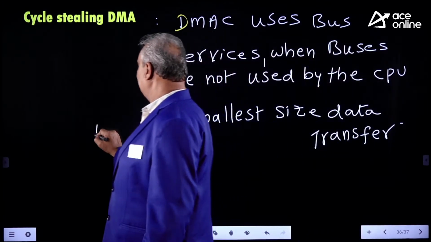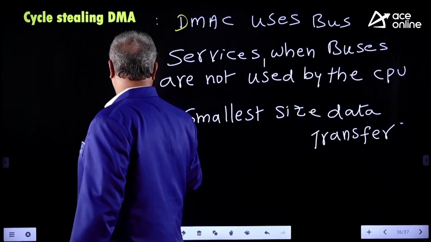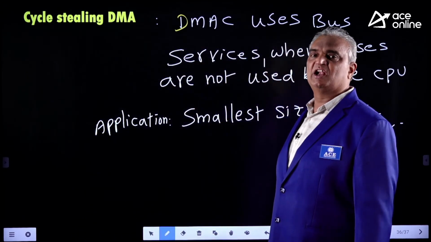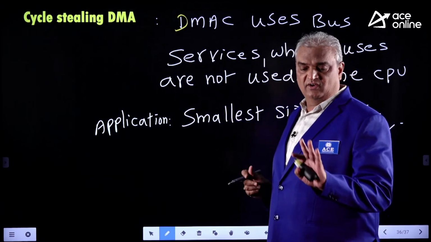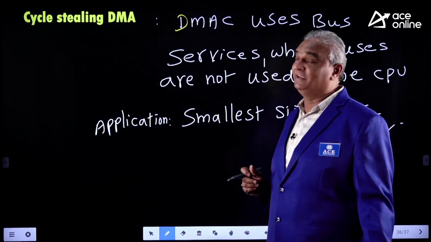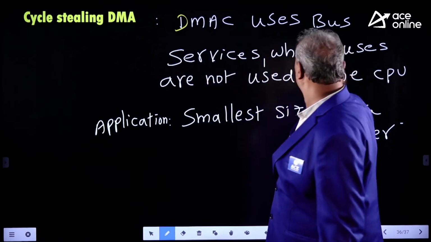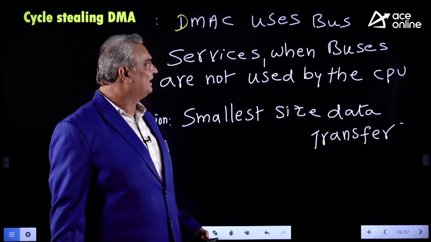What about merit of this one? Processor time is not wasted, but it is not suitable for transferring larger size. Cycle stealing means for one clock cycle time, the DMA controller steals the bus services when those buses are not used by the processor.